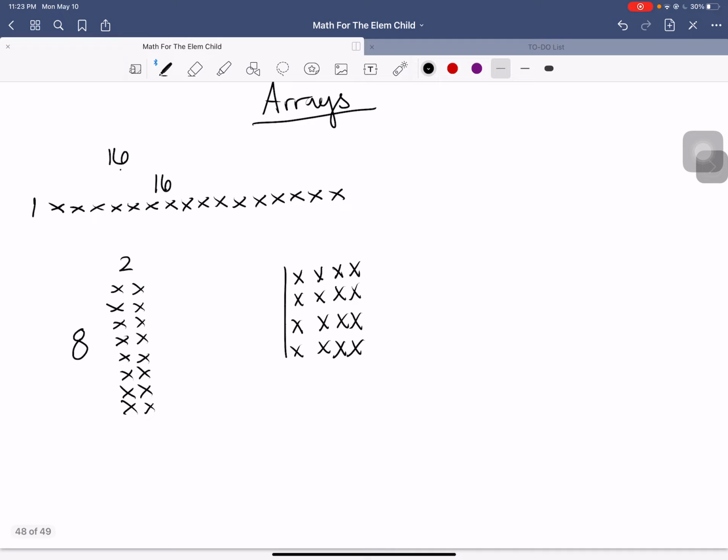And now we have 4 by 4 to equal 16. So we have 4 rows, and then we have 4 columns. So that equals 16, and I don't think we can break that down anymore.